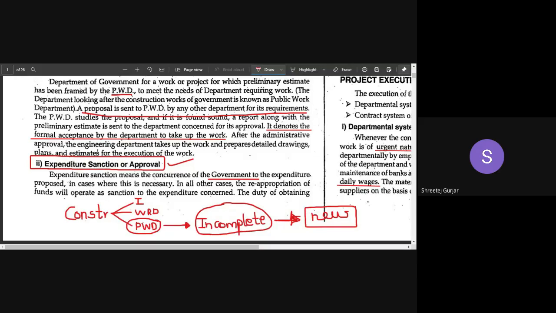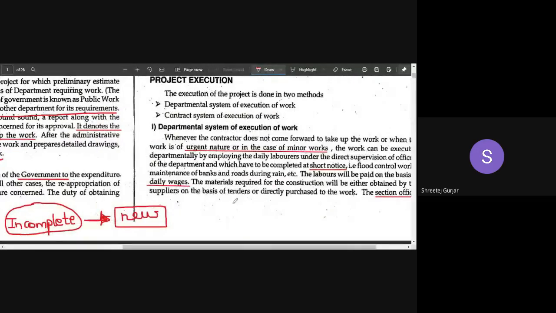Now, suppose they have sanctioned us an amount of 30 crores for a road work. Suppose this particular allotment is done, and the actual expenditure on the field is exceeding 30 crores.